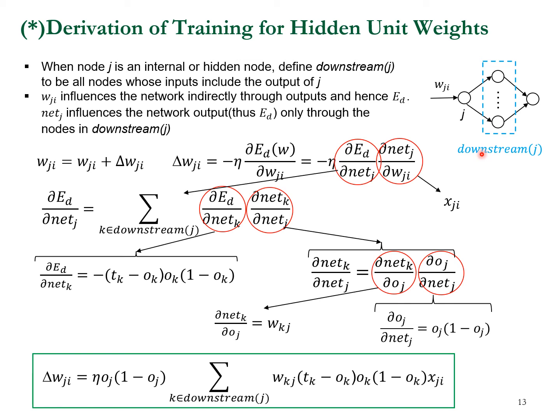So let me begin with the downstream of J. Let's say this node is J, and you want to update this weight Ji.